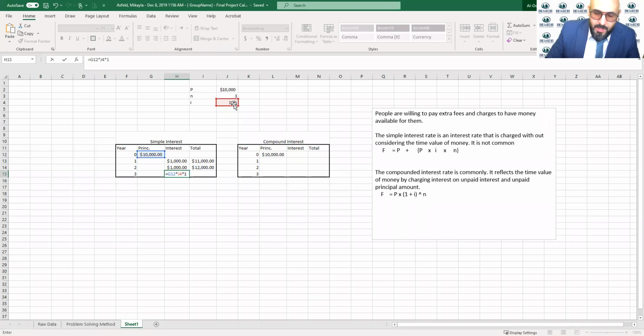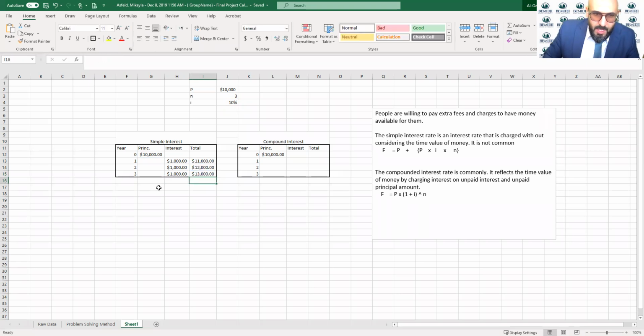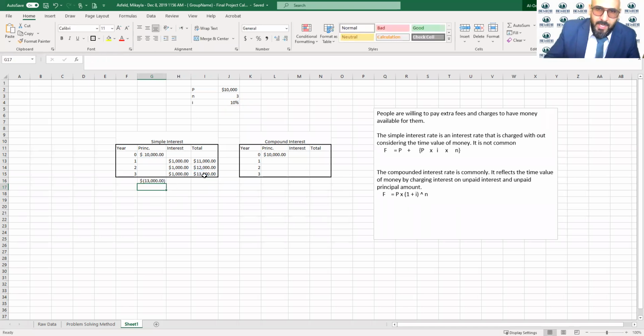Again, we're going to calculate the interest for only 1 year. That's why you see N equal to 1. Adding these together would be 12,000 plus the 1,000. At the end of year 3, we have to pay negative 13,000. It's negative because you're paying it. It's a negative cash flow, something going out of your pocket. So this should be negative.